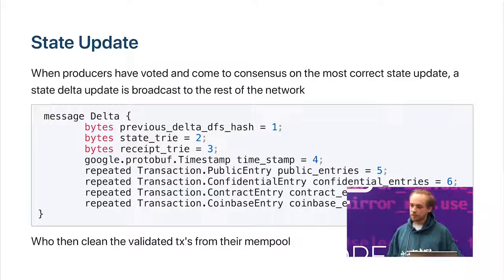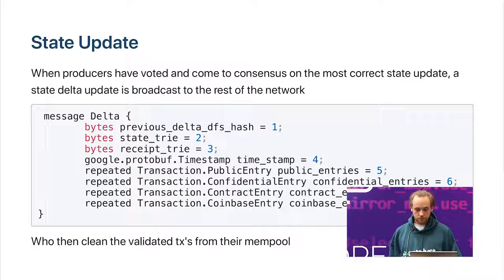But because it's a vote on the actual next state update, if there are any discrepancies, because you haven't received the same number of transactions or because evil nodes are producing bad updates, this voting phase of the update cycle filters out any of that noise.